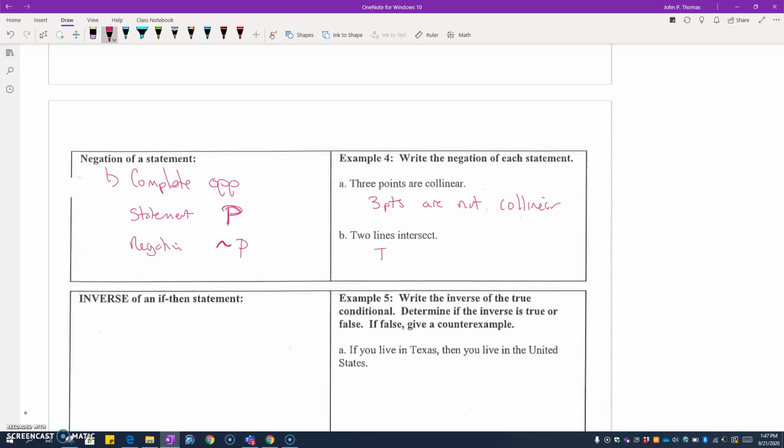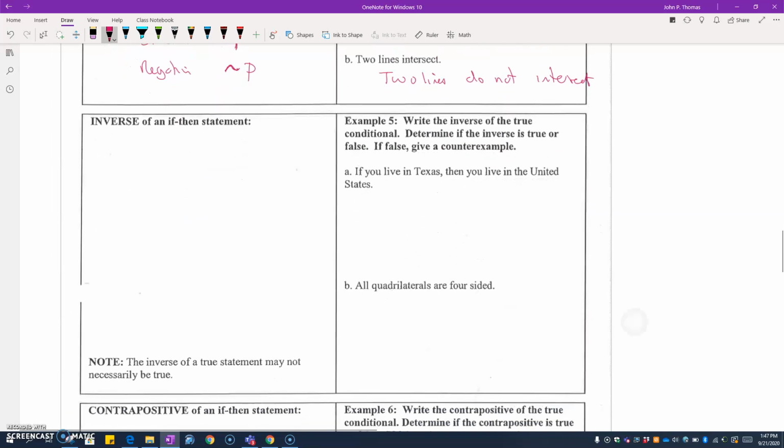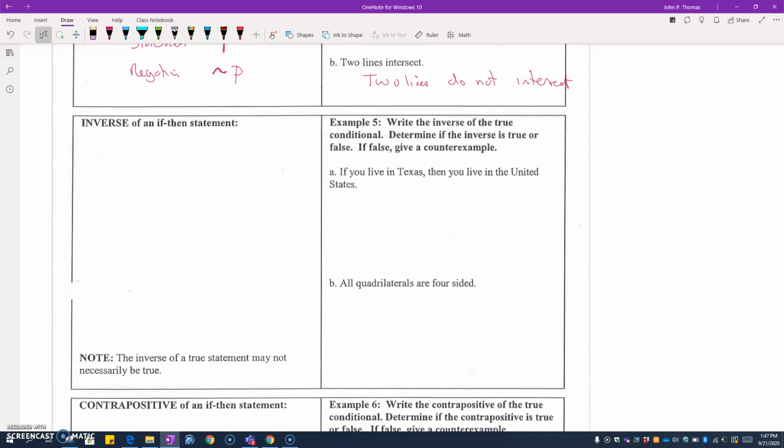The negation would be 2 lines do not intersect. Now these negations allow us to write the other 2 formats. So the inverse, if the conditional is P implies Q, then the inverse would be not P implies not Q. And this doesn't necessarily have the same truth value as well.